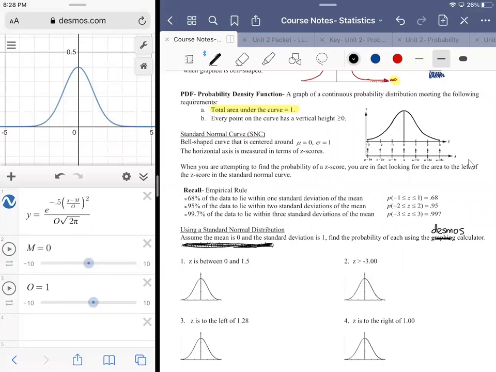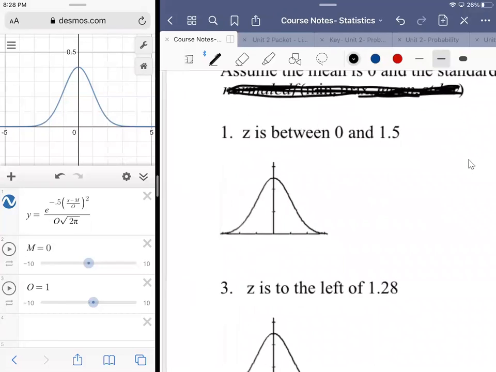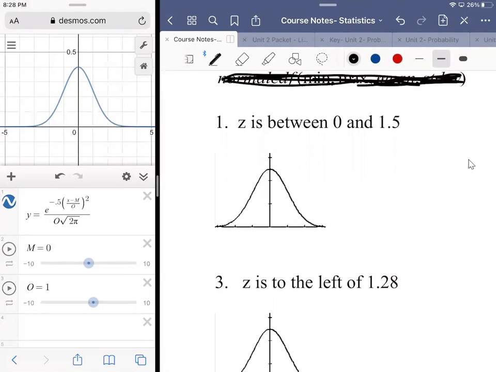But before we get to the calculator, let's talk about what this would look like in terms of just a quick sketch, right? So the standard normal curve is centered around 0 and measured in terms of single z-scores. So 1, 2, 3. I could also go left, -1, -2, -3.